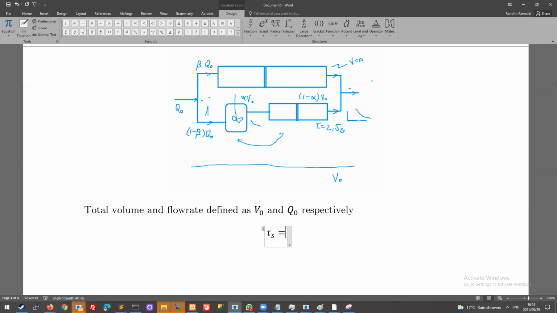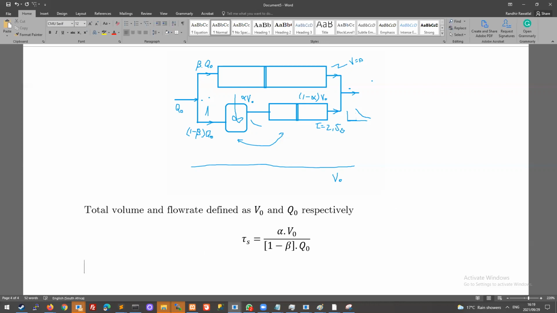That's equal to the volume, which is alpha times V, divided by the volumetric flow rate, which is going to be one minus beta times Q naught. Right, so that's our space-time on the CSTR.